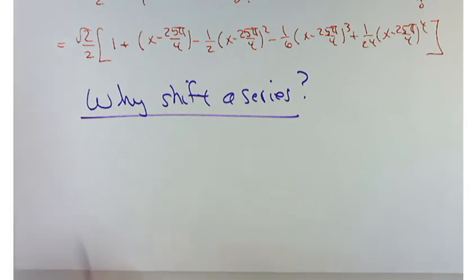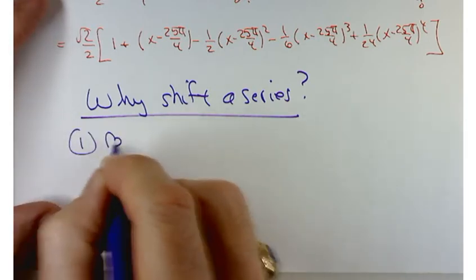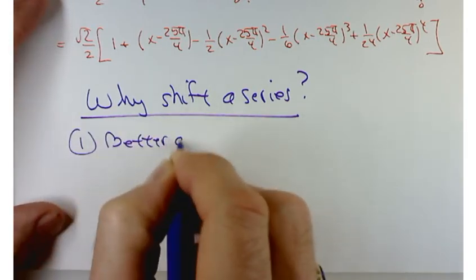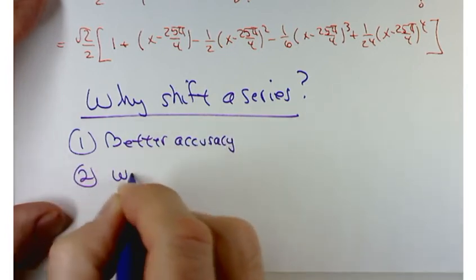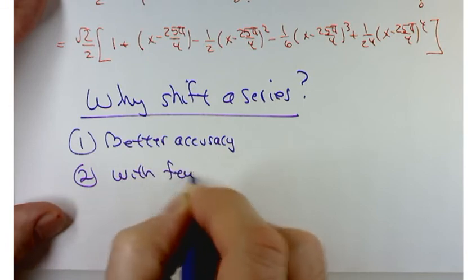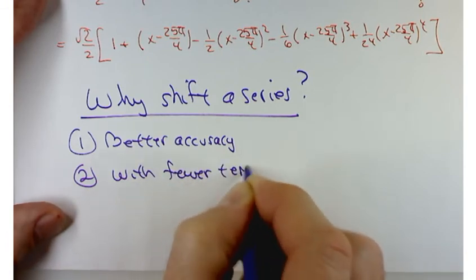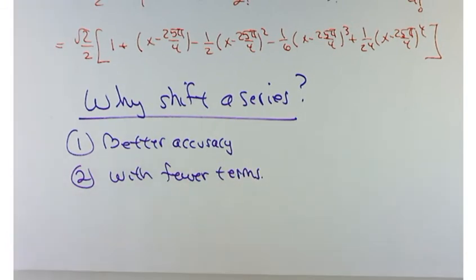Well, you get better accuracy with fewer terms. And in our case, much fewer terms. I mean, 2 or 3 terms of a second or third degree polynomial as opposed to a 27th degree polynomial. Wow. And that's just crazy.